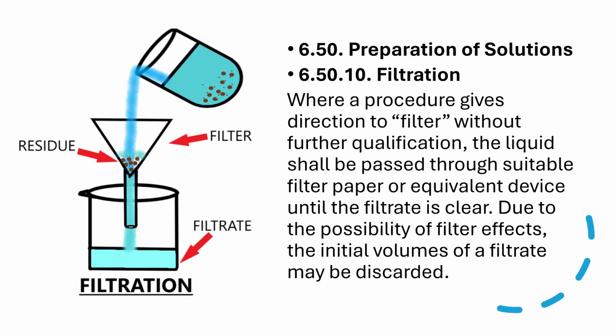Due to possible filter effects, the initial portion of the filtrate may be discarded, right. So for example, you have this solution and this is your funnel, and you put the filter here, and while passing the solution through the filter, the filtrate, the clear solution, will be this, and you can discard this residue, right.